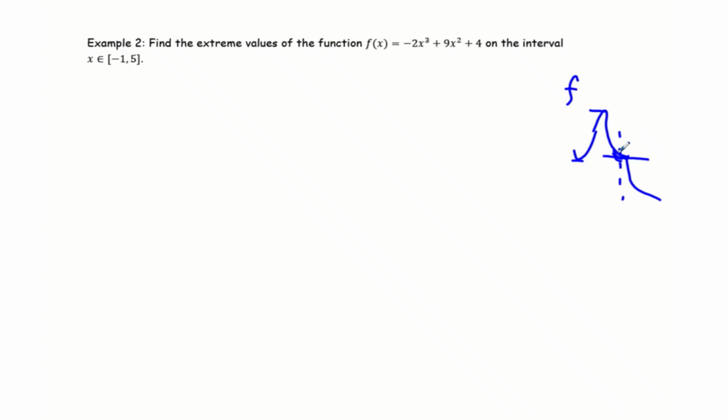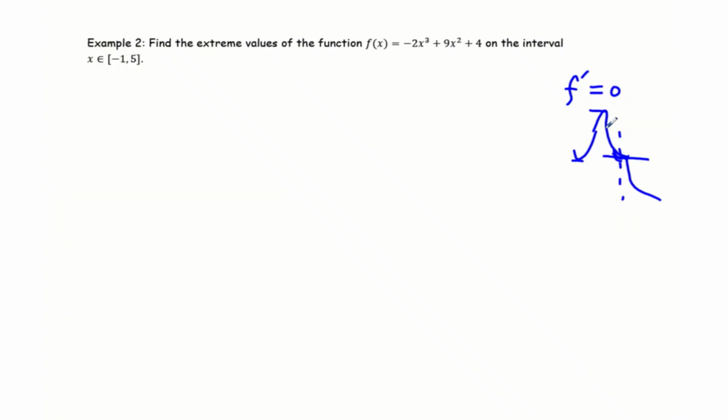This one is not a minimum or maximum point. We are going to discuss in future how to determine the absolute minimum or maximum. f prime equals 0 alone is not enough. We need to continue. That is our next lesson, okay?